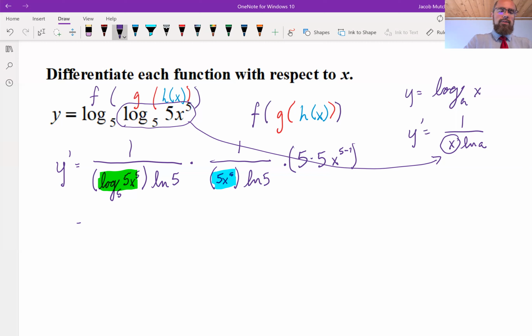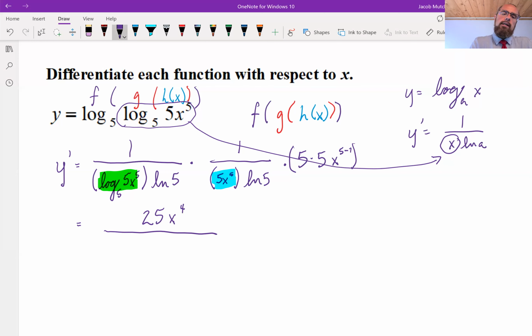So now what I see for my numerators, I've got 1 times 1 times 5 times 5 times x to the power of 5 minus 1, or 4. So all that multiplies to 25 x to the power of 4. For my denominators, I've got log base 5 of 5x to the 5th times natural log of 5 times 5x to the power of 5 times natural log of 5.